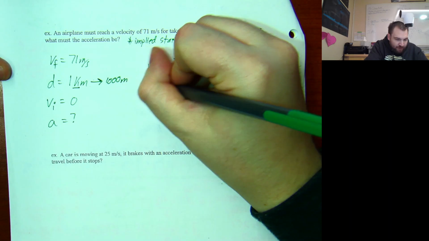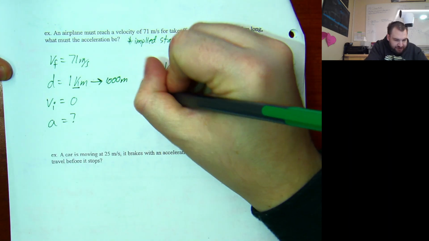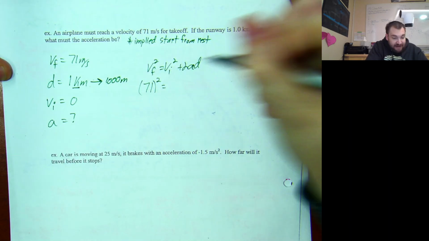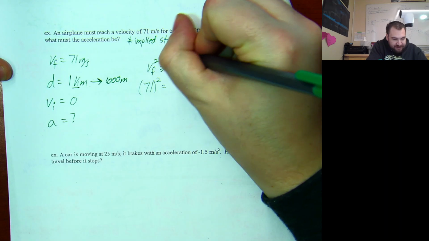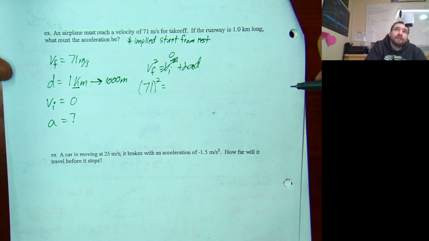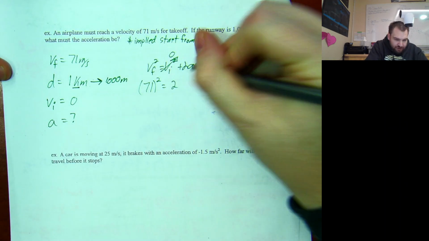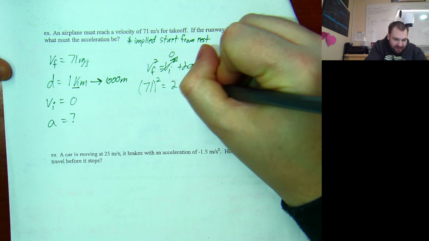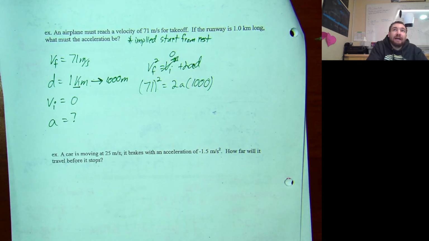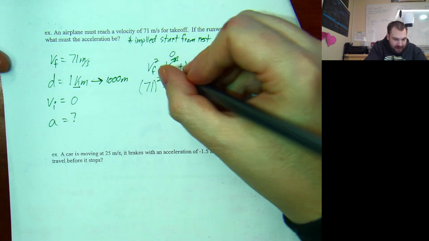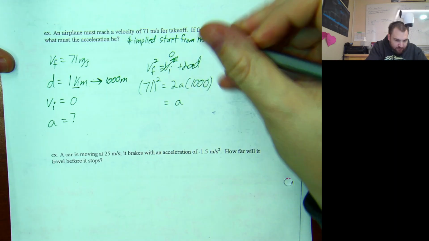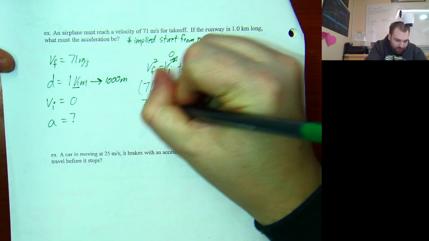VF is 71, and I'm going to square that. My VI is 0. We like that. That means this is gone. 2 times A times 1,000. And I want to solve this for A. So A is going to be equal to 71 squared over 2,000.